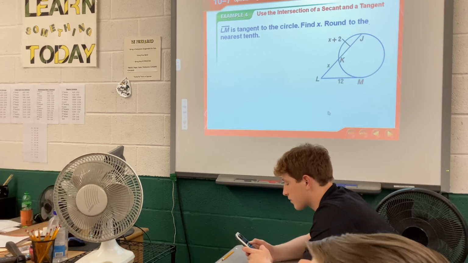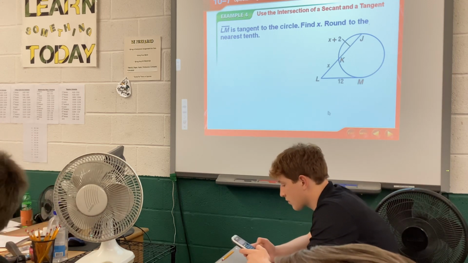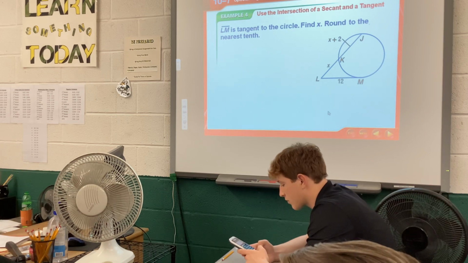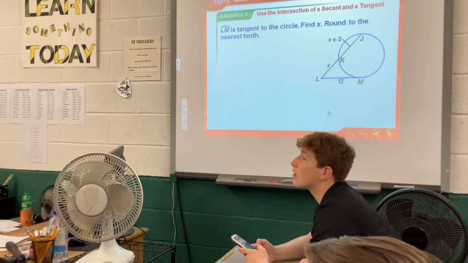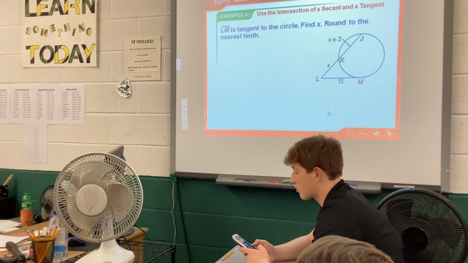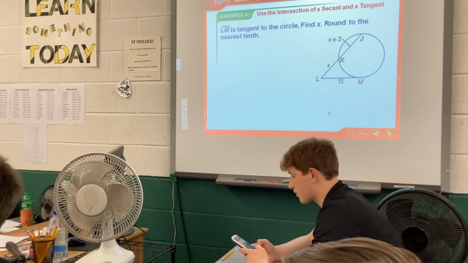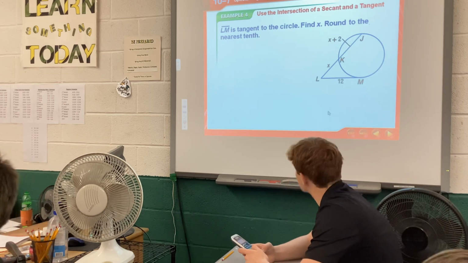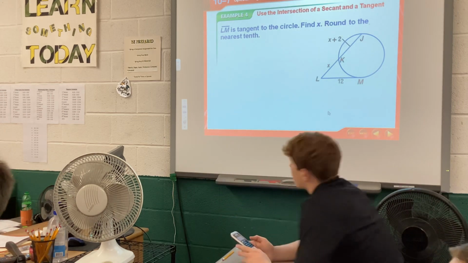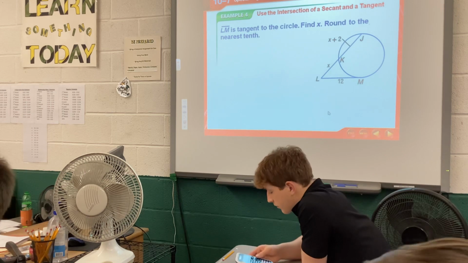X plus 2. Everybody agree? Is equal to what? 2x squared plus 12 squared. So again, now we're to this one, right? My outside of the secant times the whole thing is equal to the tangent squared.